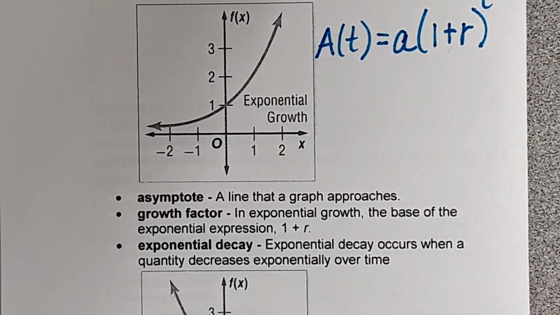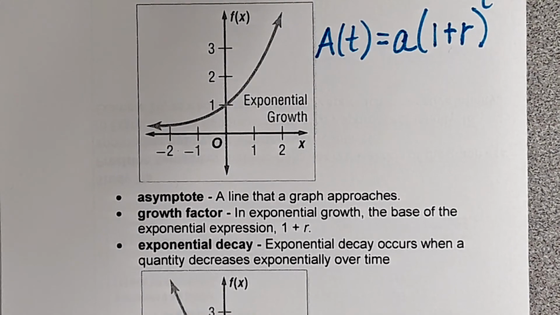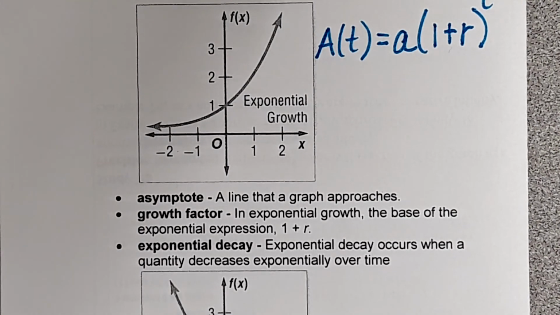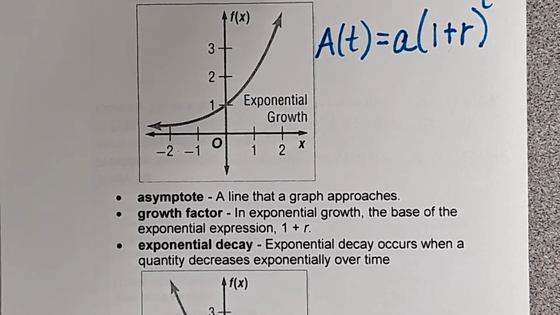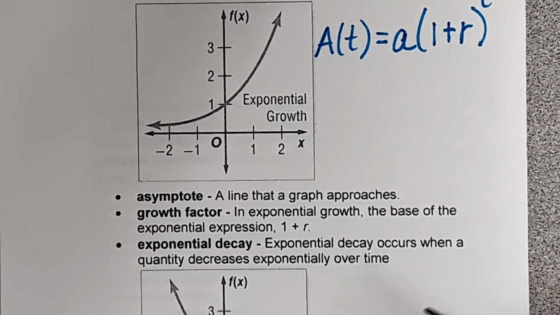An asymptote is a line that the exponential equation approaches. It wants to touch, right? It just kind of parallels and it almost touches it. So we'll really talk about that line and how to figure it out, okay? And then I already told you about the growth factor.